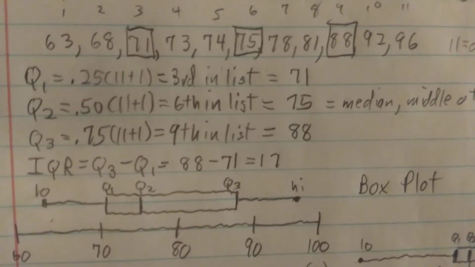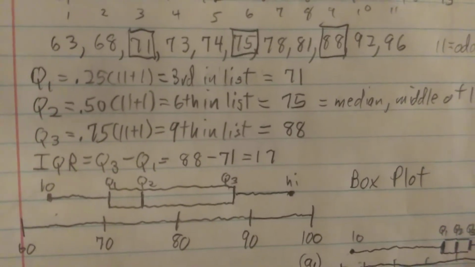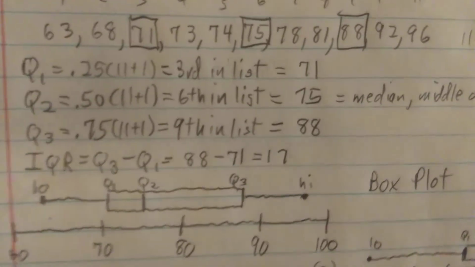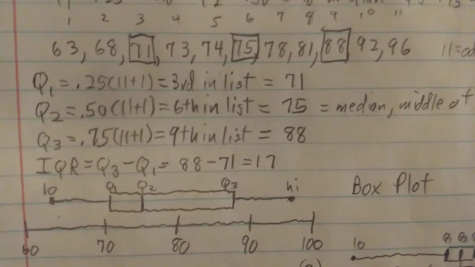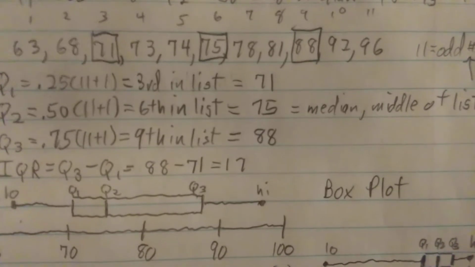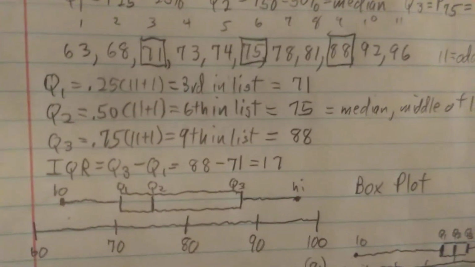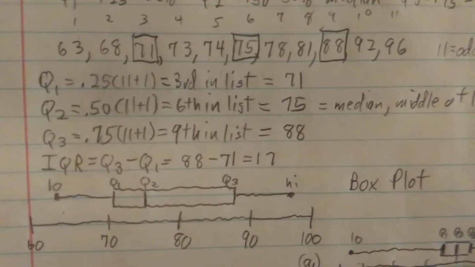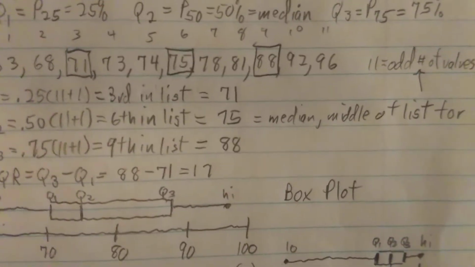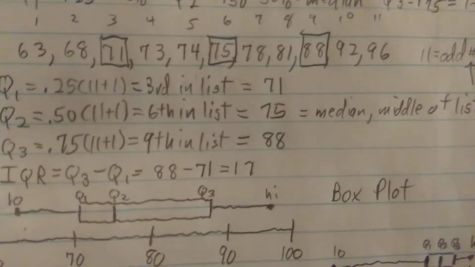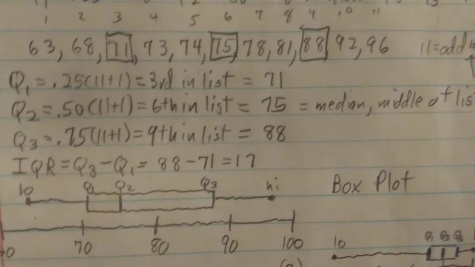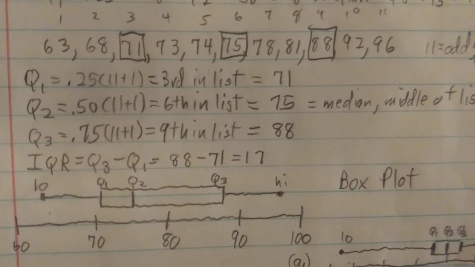Looking at Q2 first, because that makes the most sense, 0.50 of 11 plus 1 is equal to the sixth item in the list, which is 75, the middle one. So you'll see there's 5 numbers lower than that, and 5 numbers higher than that. But I don't have to go in between two. I can go to just one for an odd number of values.